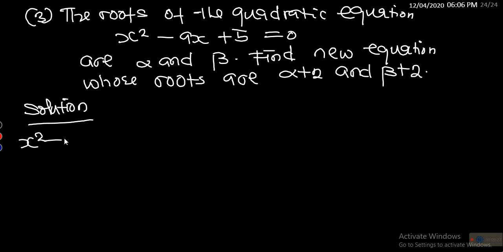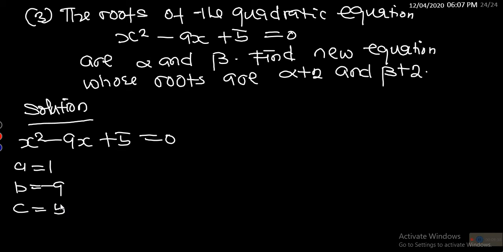Very interesting. x squared minus 9x plus 5 equals 0. So compare with the general form. You have a equals 1, b equals minus 9, c equals 5.